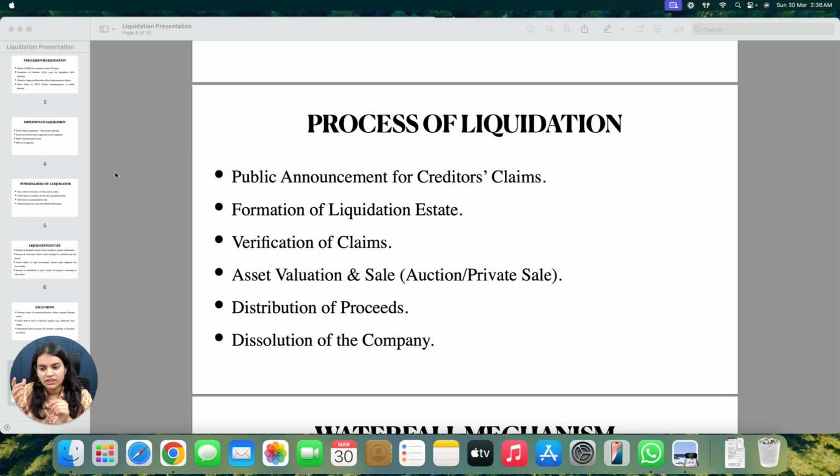Ordinarily, if you look at the processes under DRT, any valuation report older than 6 months requires a fresh valuation report. Similarly, here the discretion is upon the stakeholder committee. If the industry is such that nothing would happen to the assets of the corporate debtor even after 6 months, and they're not perishable or anything.